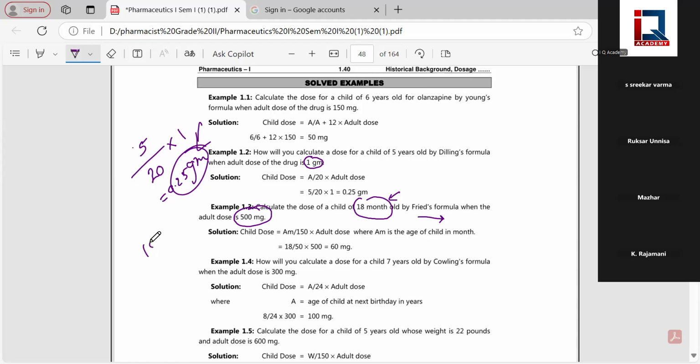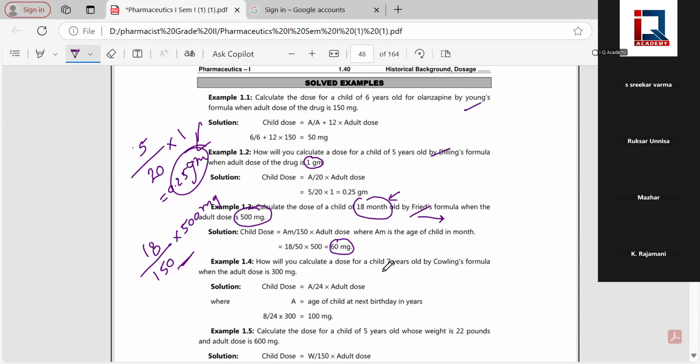So the child age in months is 18 months by 150 into adult dose 500 mg. Solve this. You should get the answer 60 mg. So where we use Young's formula, where we use Dilling's formula, where we use Fried's formula is shown there.